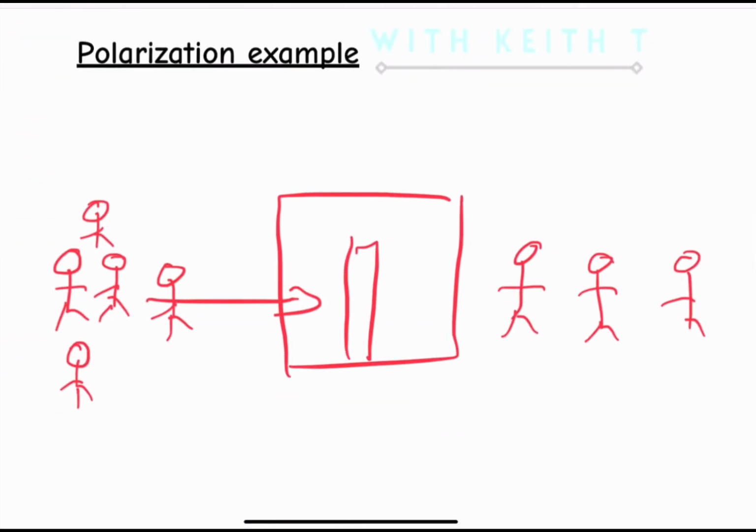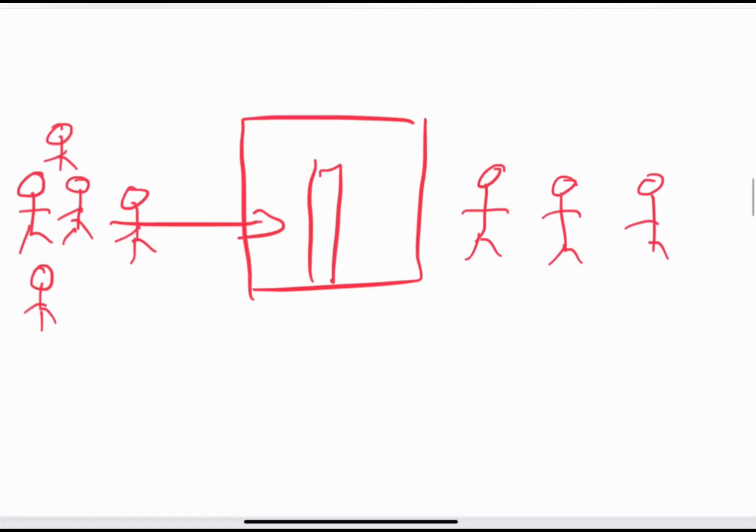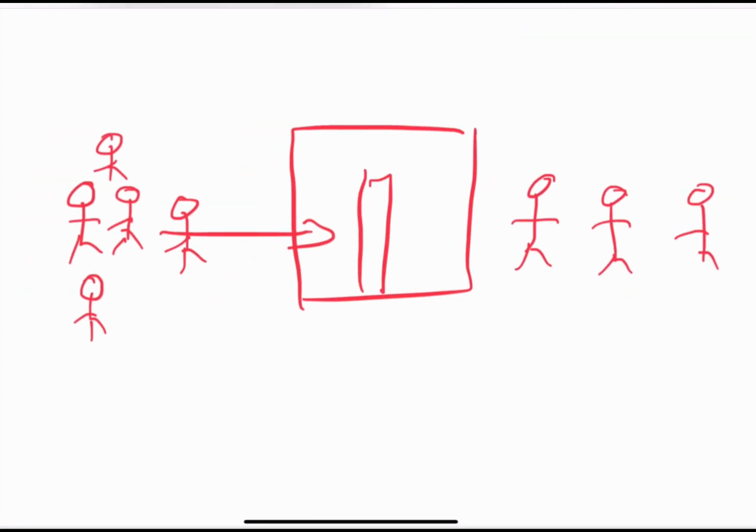So polarization, an important thing to note, only happens with transverse waves, right? It doesn't happen with longitudinal waves. Why is that? Well, I want you to think of this. In longitudinal waves, the waves vibrate parallel to the direction of propagation.